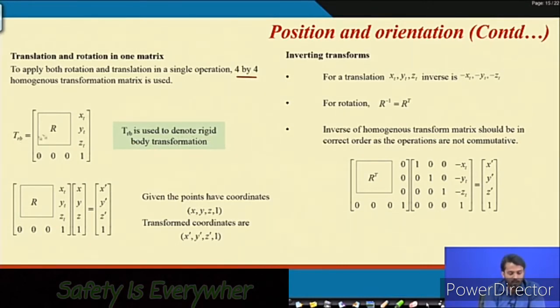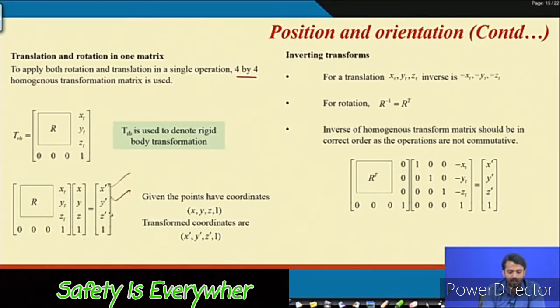In this TRB, R stands for the rotation matrix, along with XT, YT, ZT. So the matrix will be represented like this, a 4 by 4 matrix. The rotation has 3 components, and XT, YT, ZT is for the translation. If you are considering a point X, Y, Z, then when rotation and translation are applied to that point, you obtain the transformed coordinates X dash, Y dash and Z dash.